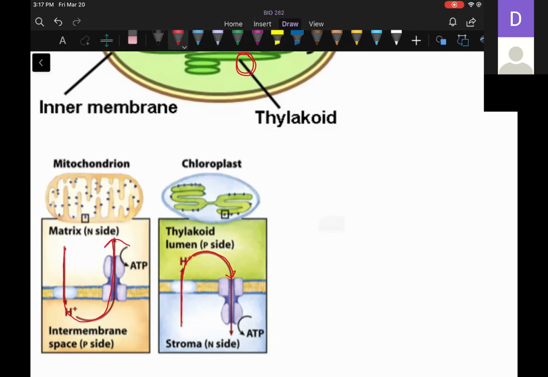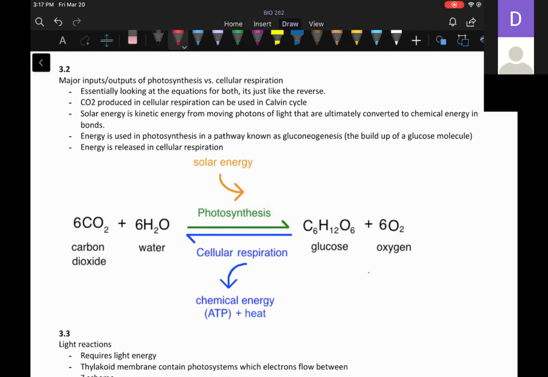All right, so for the major inputs and outputs of photosynthesis compared to cellular respiration, we can think of them as reverse reactions. For cellular respiration, we go from glucose and oxygen, making carbon dioxide and water. Photosynthesis is just the reverse of that, right? In cellular respiration, we're going to get ATP and heat.